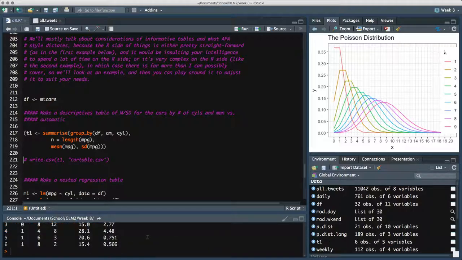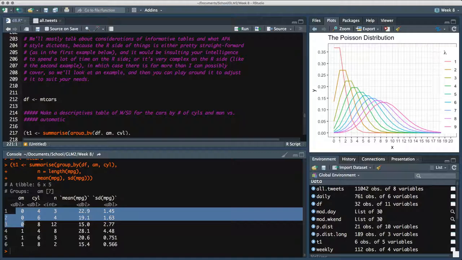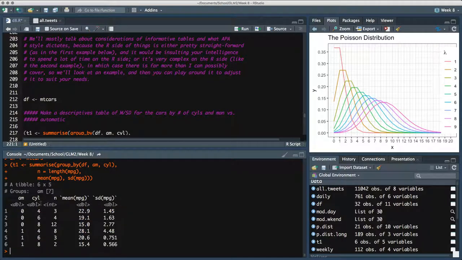So just using the summarize function, I create the basic structure of the table that we're looking for, where we have the manual transmissions, or is that the other way? And then the automatics. And then for 4, 6, 8 cylinders.